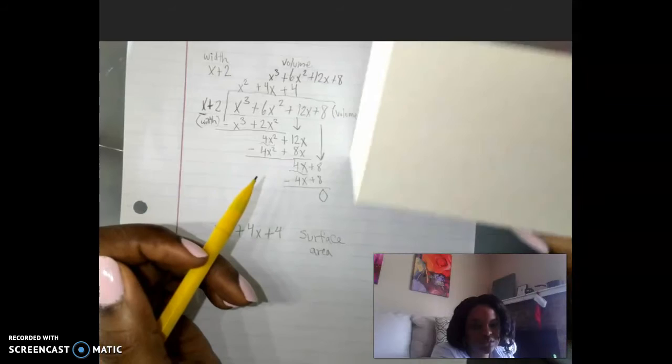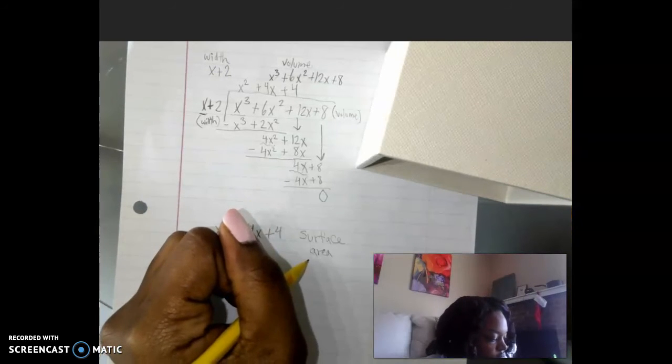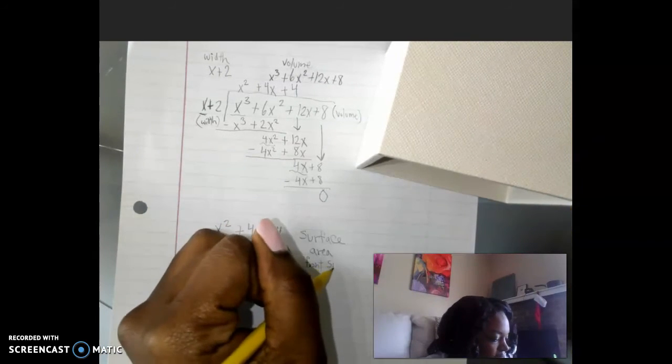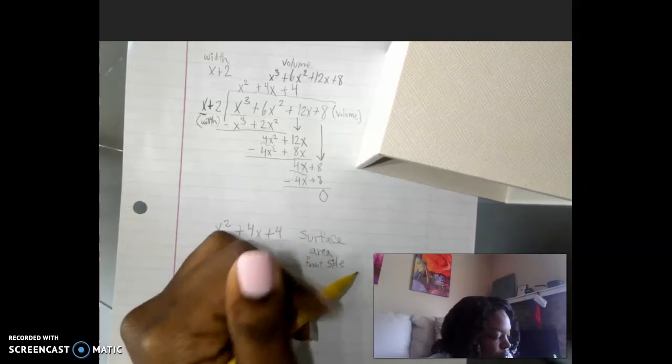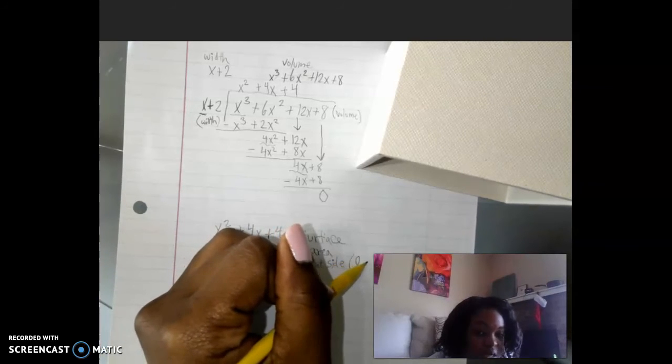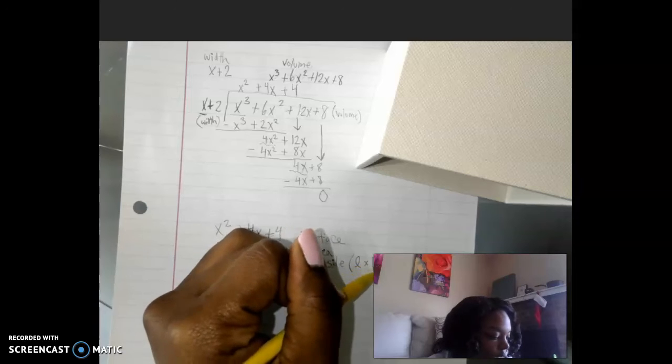If I consider this like the front side of my rectangular box, the surface area of my front side, or my length times the height.